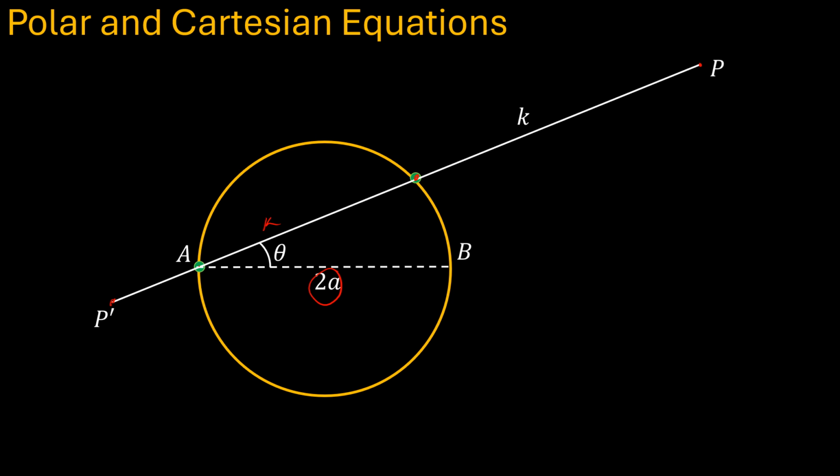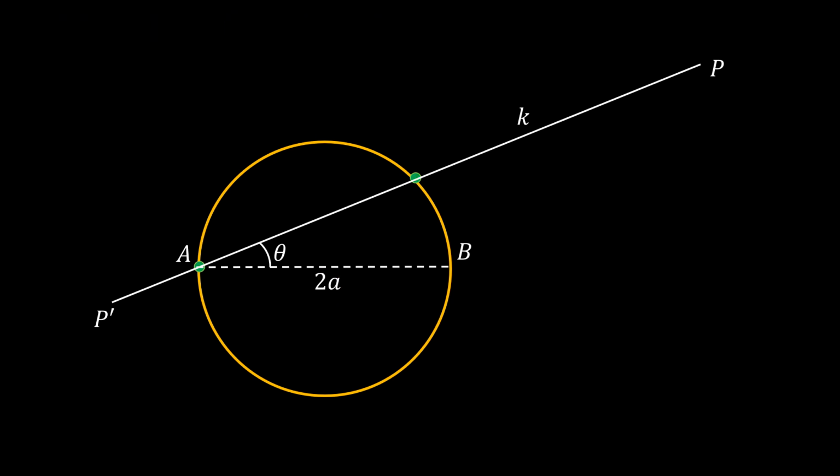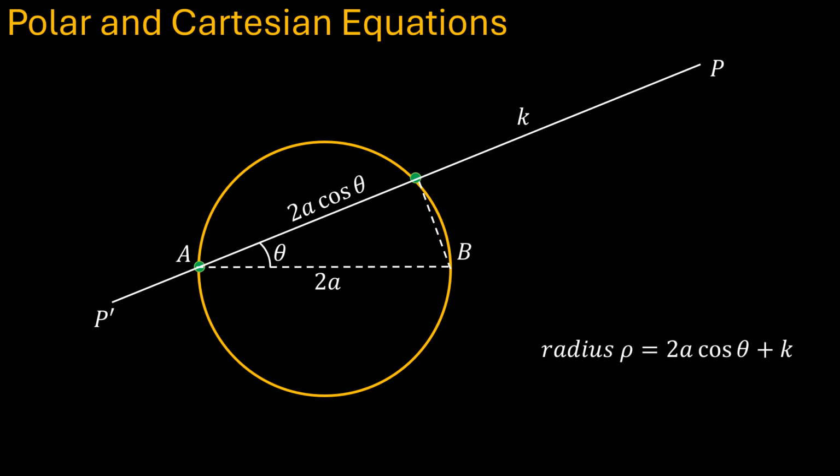What happens now is that the base, from here to here, is going to be equal to 2a cosine theta. Why is that the case? There's always a rule that the angle subtended at the center of a circle, which is obviously a straight line, this is 180 degrees, is twice the angle subtended at the circumference. So this is going to be equal to 90 degrees.